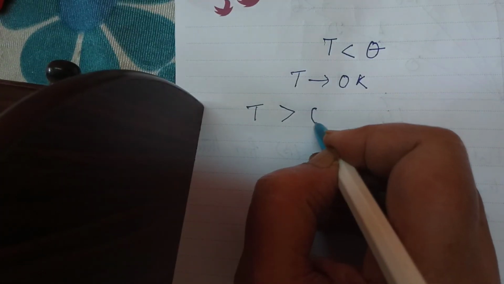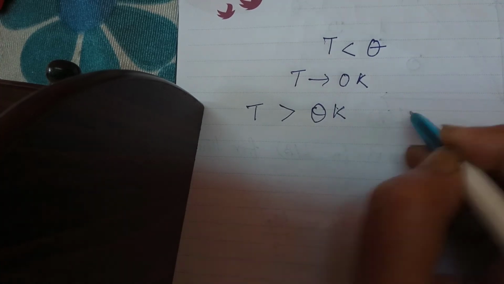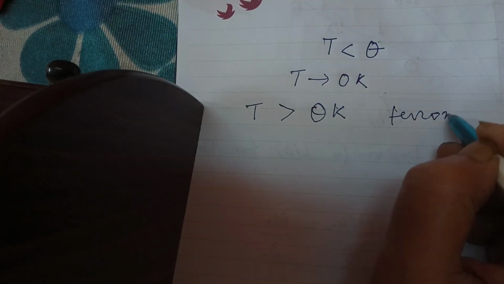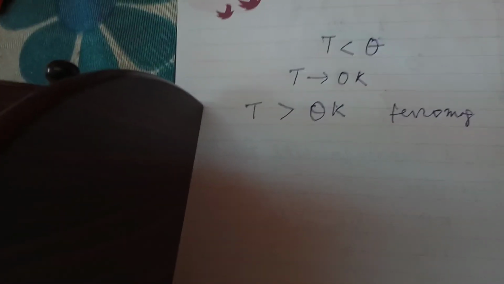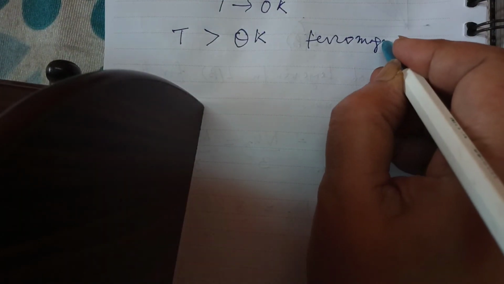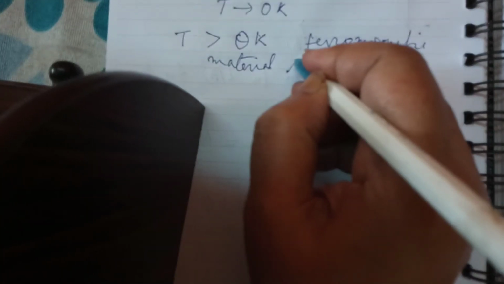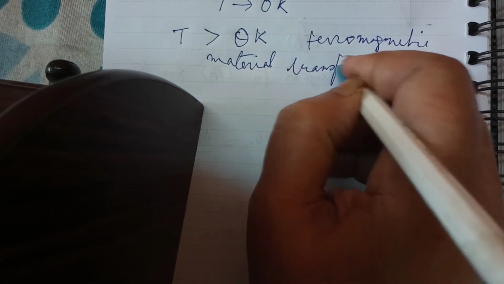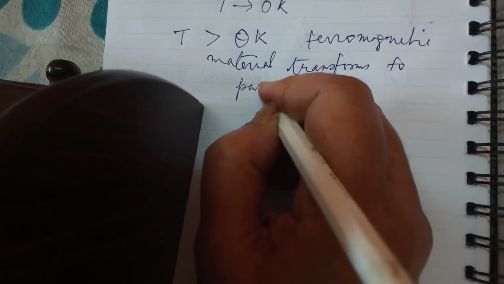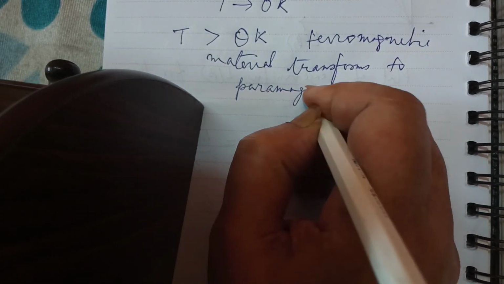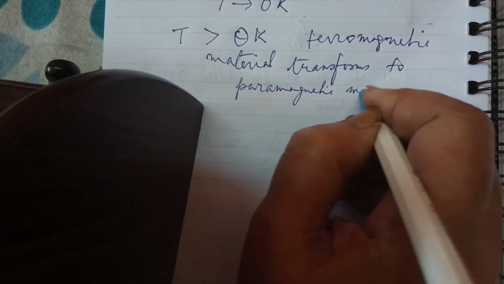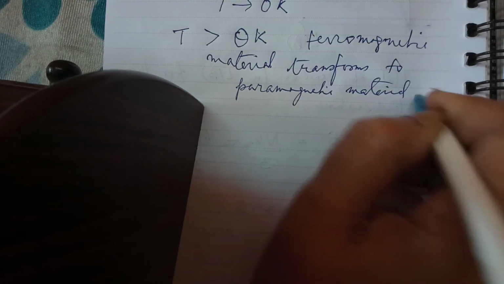So for T greater than theta Kelvin, ferromagnetic material transforms to paramagnetic material. Okay, all right.